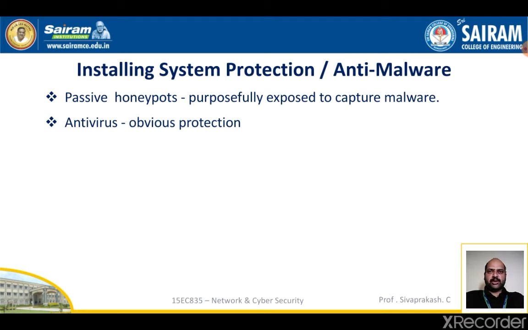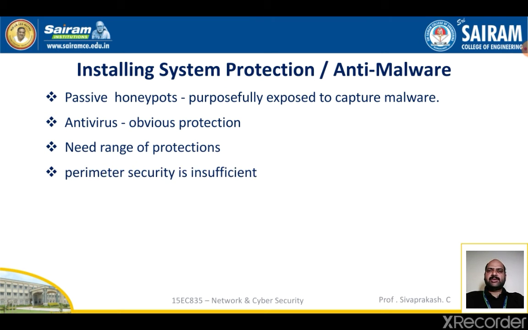least semi-automatic updating. But there are several other important protections, and the range of protections needed is constantly rising as the threat escalates, because perimeter security is insufficient to combat current and future threats.